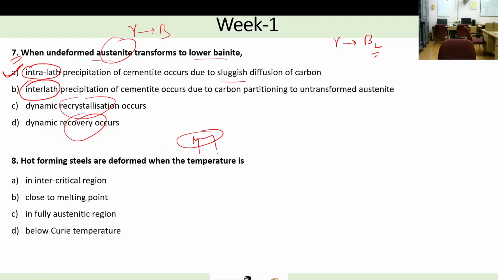Then you do heat treatment for recovery and recrystallization. These two are just to confuse you. The only correct thing here is intralath precipitation of cementite due to sluggish diffusion of carbon. Question number 8 you can solve quickly.